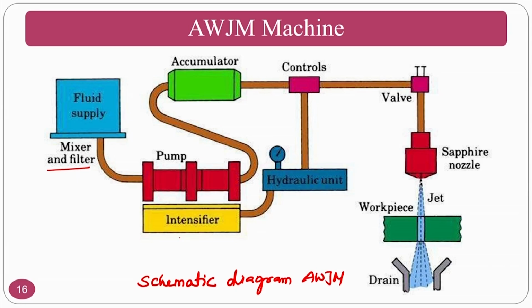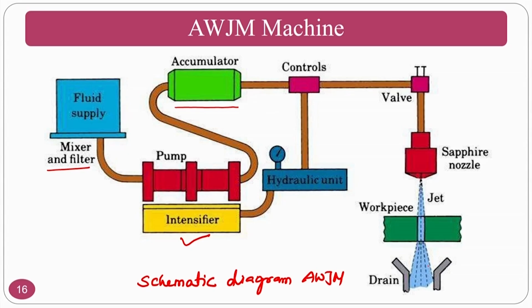Then the most important part here is the intensifier. The intensifier increases the velocity of the fluid or water, and the accumulator will accumulate it, and at the same time control it and send it through the valve. Whatever pressure you want, you can control by the valve and get the water.